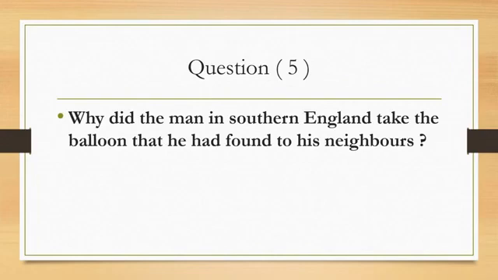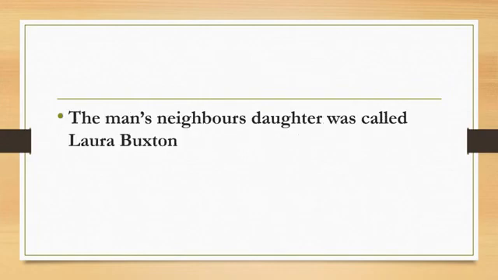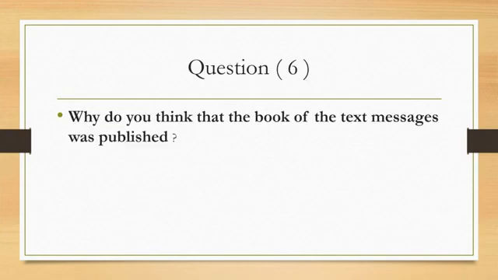So the question is, why did the man take the balloon to his neighbor? Because the man's neighbor's daughter was called Laura Buxton. البالون أصلا كان مكتوب عليه اسم بنت اسمها Laura Buxton. So the two girls have the same name.